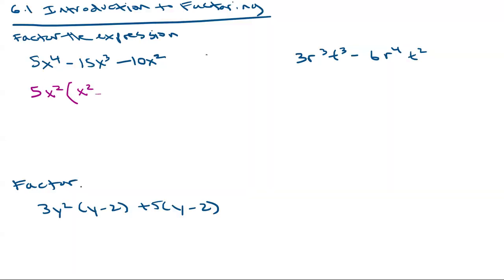And then what can I multiply to x squared to give me x to the cube? Good. X. And then I can't forget, because I need to multiply something to give me 15. So that should just be 3. 5 times 3 will give me 15. So I have 3x. And then to get to 10, I have to multiply that by 2. So that's minus 2.